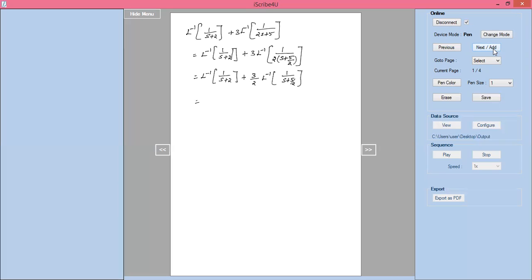Now L inverse of 1 divided by s plus 2 is nothing but e power minus 2t, plus 3 by 2 into e power minus 5 by 2 into t.